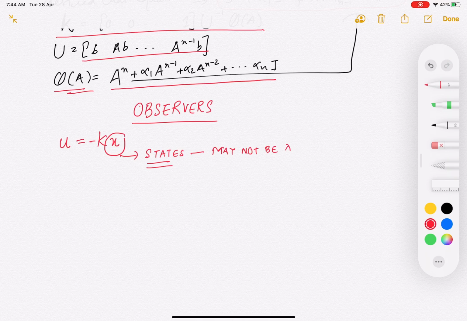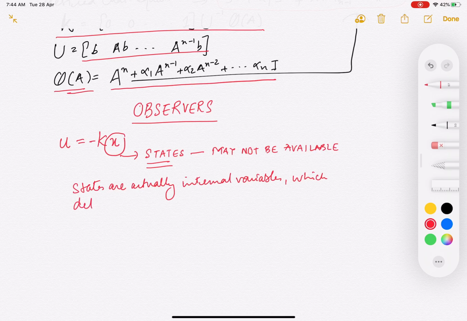And why is that? It is because states are actually internal variables which determine completely the behavior of all other dynamic variables, right?